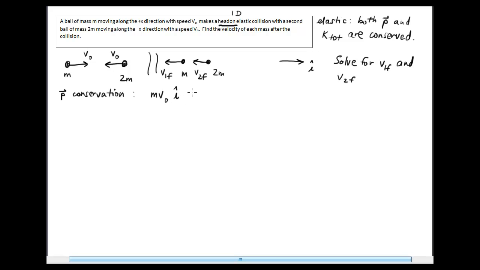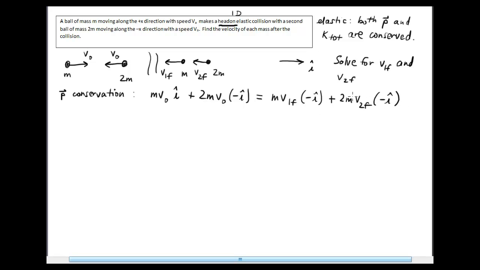For the second one, we've got 2m v0, but it's in the negative I hat direction. And that's what we have initially. After the collision, we've got m v1f in the negative I hat direction, plus 2m v2f in the positive I hat direction.